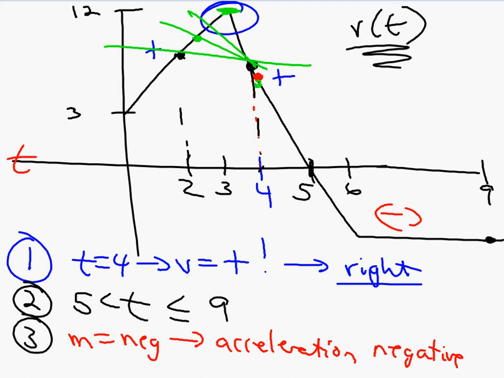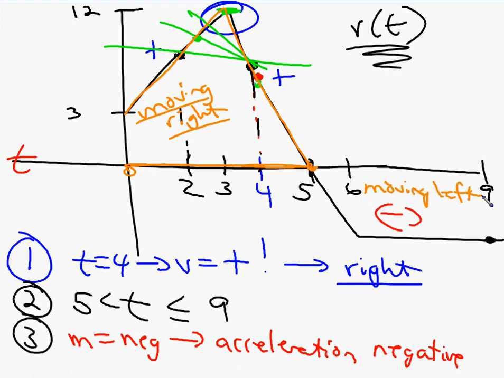Because for this entire time frame from 0 to 5, the particle has a positive velocity, which means it's moving to the right from 0 clear up to 5. At no point was it moving to the left. At time 5, we started having negative velocity values, which means it started moving back to the left.